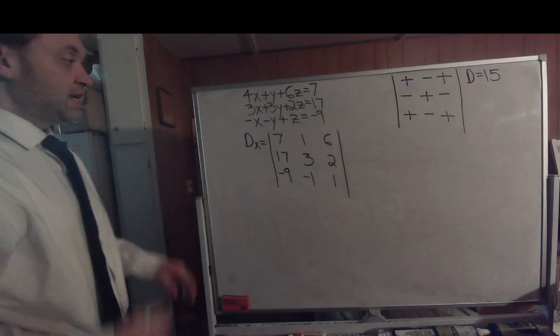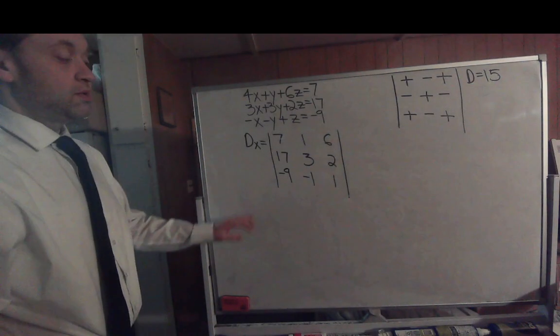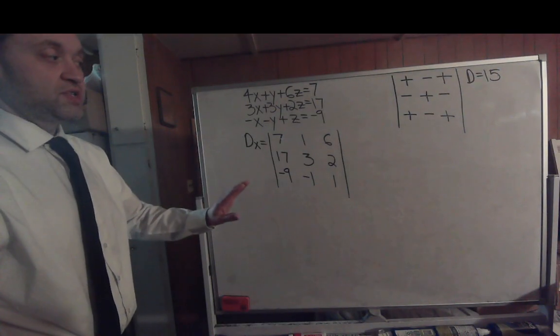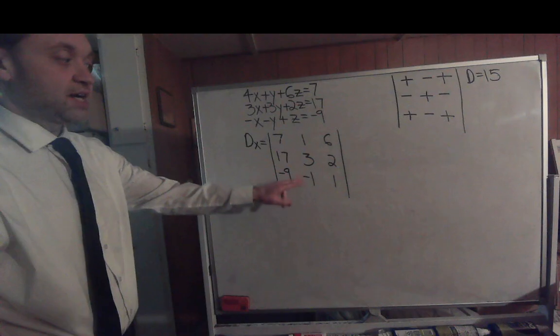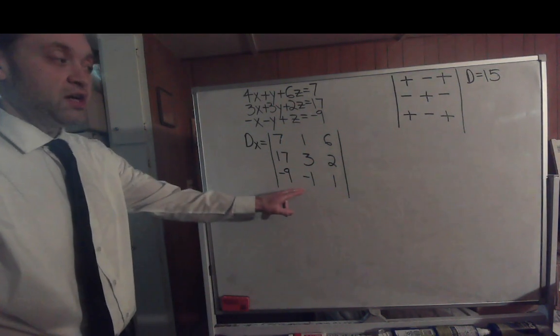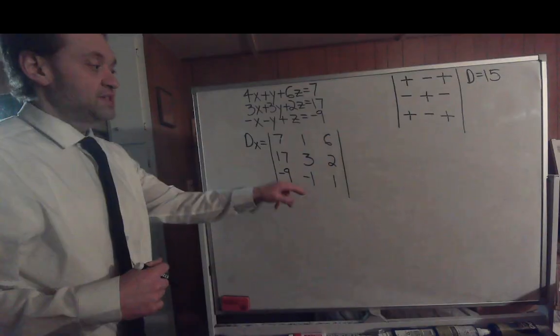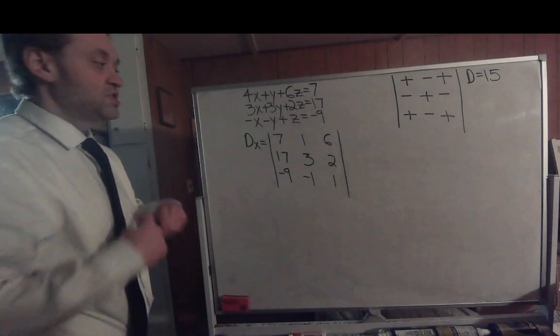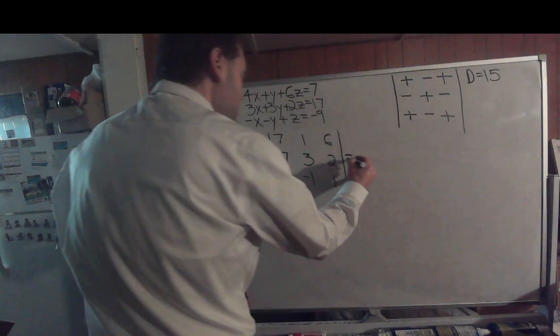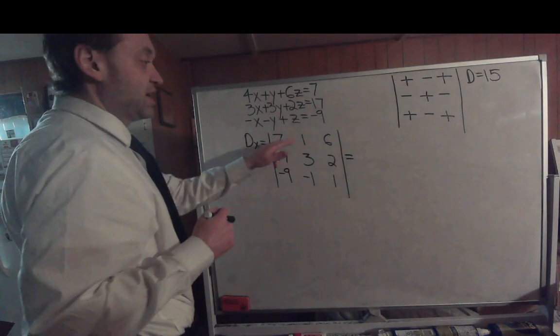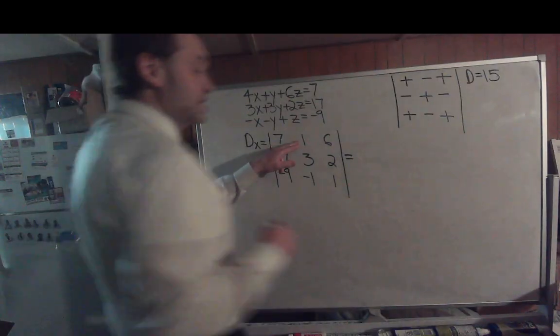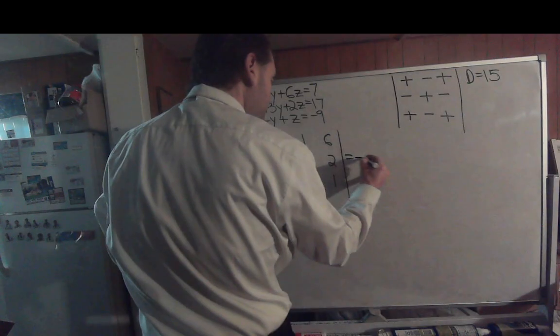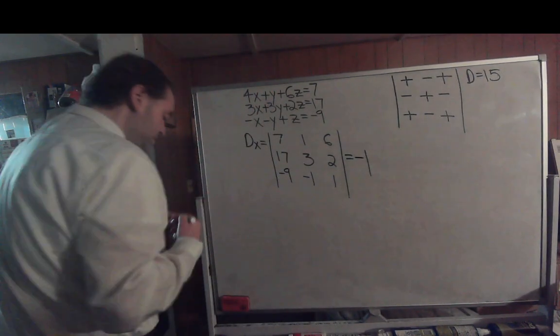Well, I'm looking at this here, and with the smallest numbers, I'm going to say we should work with the second column. Let's go down the second column this time. That has the smallest numerical value. So the first entry in the second column is a 1, but according to my coefficient matrix, I need to negate that 1, so it'll be minus the resulting determinant.